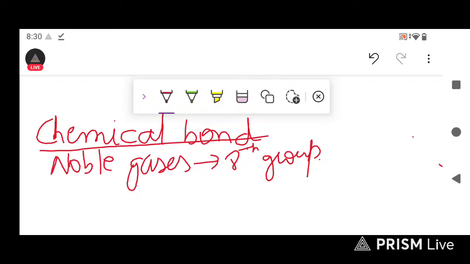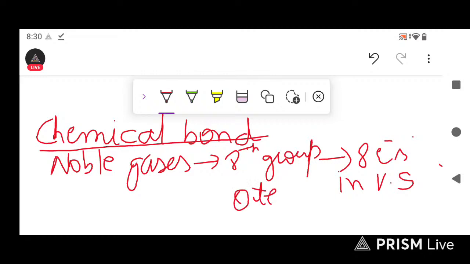Their outermost valence shell has 8 electrons, which means they are stable. Octet means having 8 electrons in the valence shell. Every element and every atom wants to become stable by gaining 8 electrons.